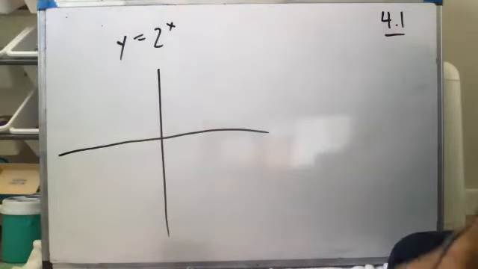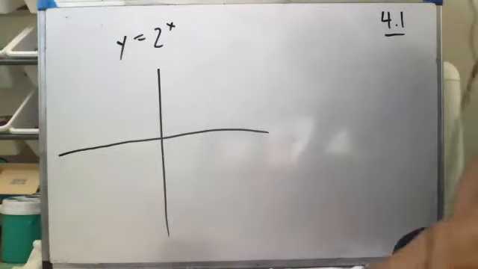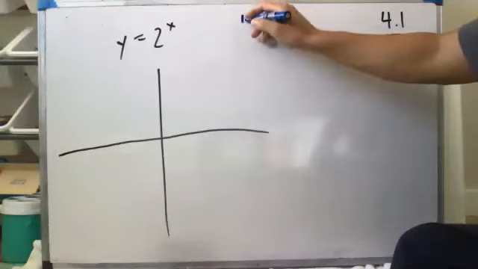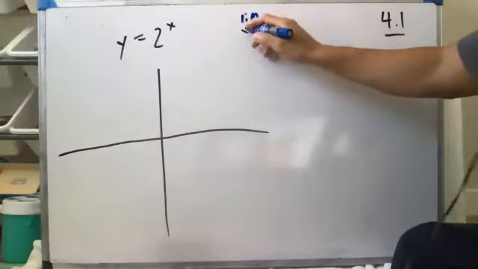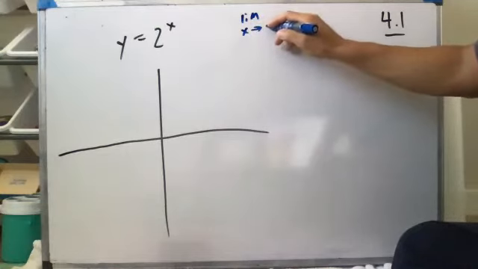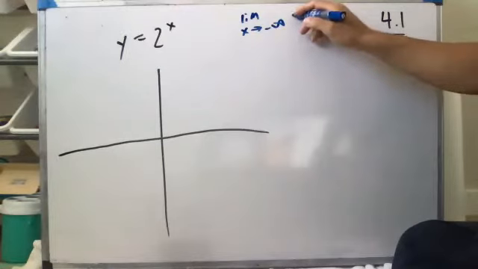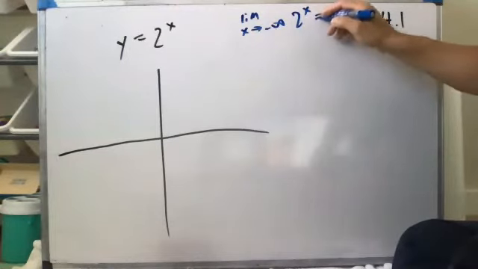Okay, so when you're graphing this, remember when we were doing polynomial functions, we looked at the limit as x goes to negative infinity and positive infinity. You remember that? Okay, so we're going to do the same idea here. What happens when x goes to negative infinity of 2 to the x?